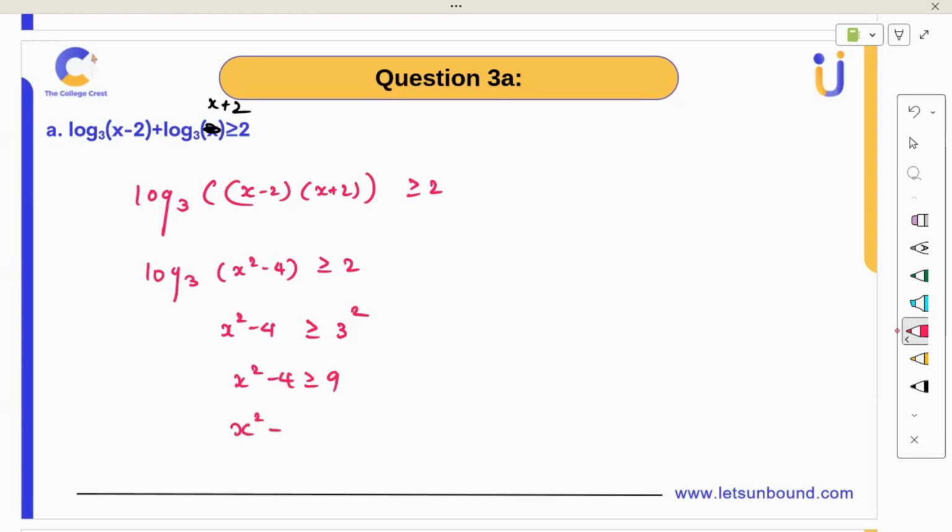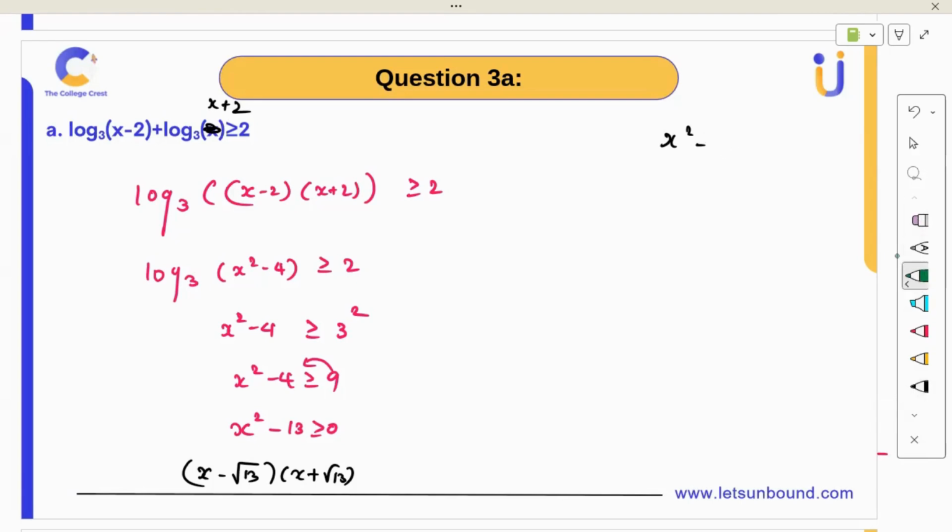And when you shift the 9 here, minus 4 minus 9 is minus 13, greater than or equal to 0. Now factorize, because it's not just a simple inequality, it's a quadratic. So if you factorize, it's x minus root 13 into x plus root 13. How? Here, x square minus 9 means what will you do? 9, you will replace it as 3 square because it's a perfect square.